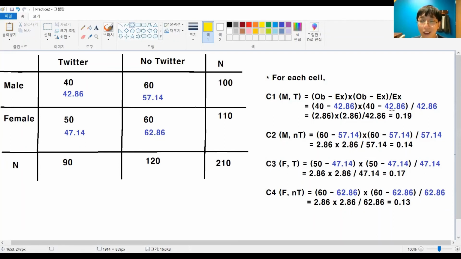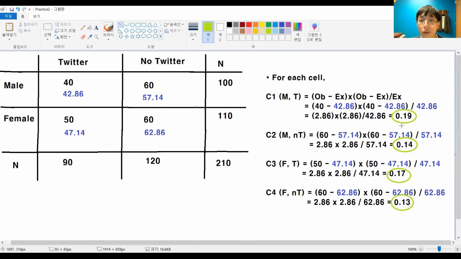Do the math a little bit, and you will get this number, 0.19, this number, 0.14, this number, 0.17, this number, 0.13.